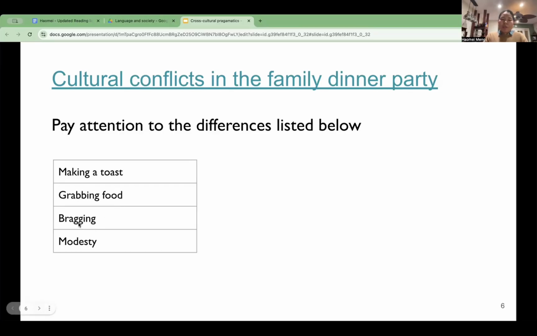And for the bragging, this is also quite different from American culture. In Chinese culture, even though you are quite proficient in some skill or very knowledgeable in some field, we try to be modest and not brag in public.